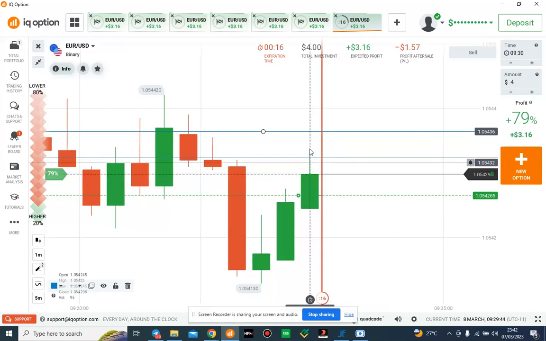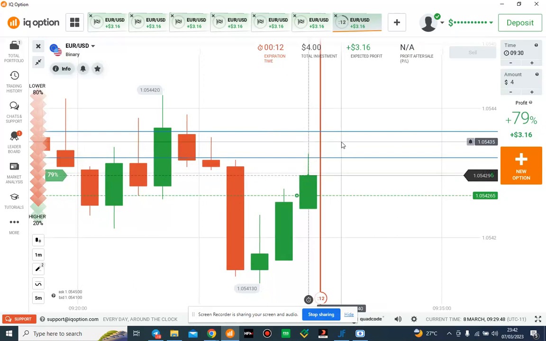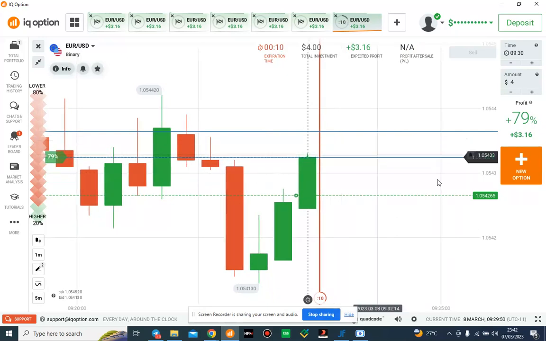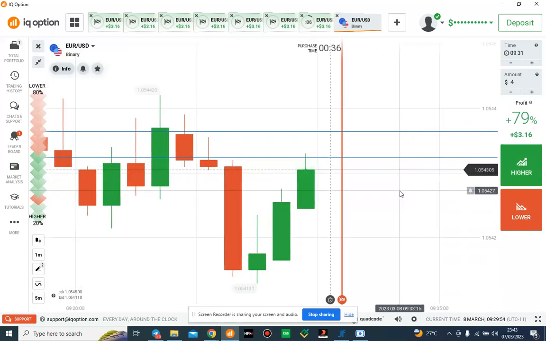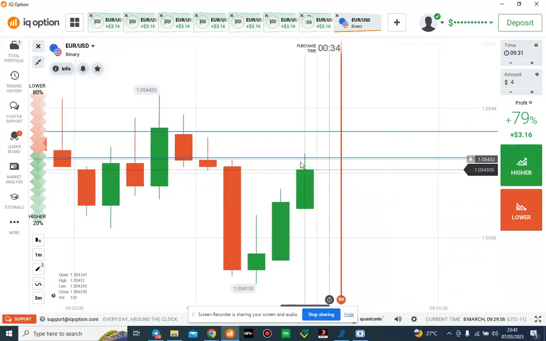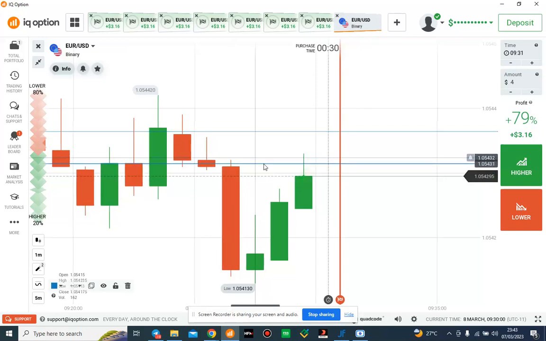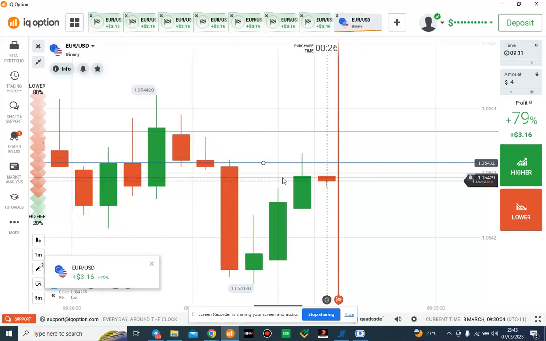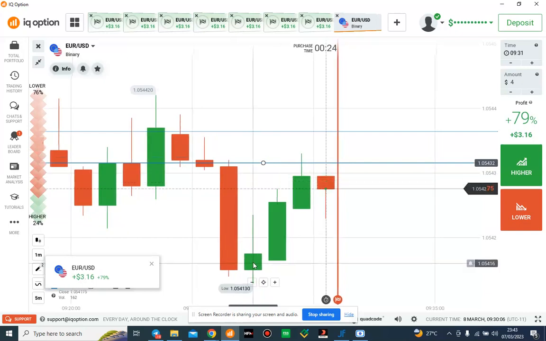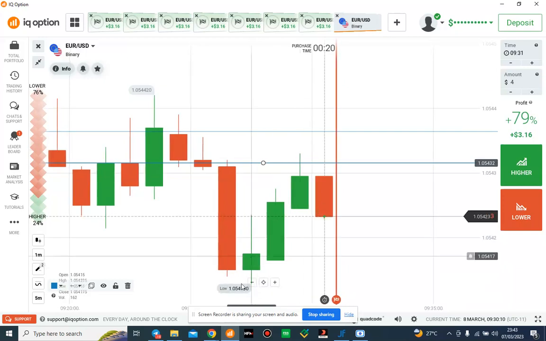You can see the rejections coming from the seller's area. Rejection, but we have this bullish movement, so I'm going to stop here.